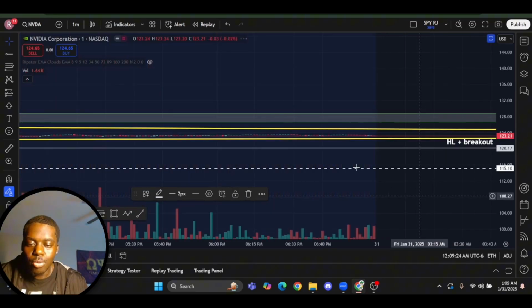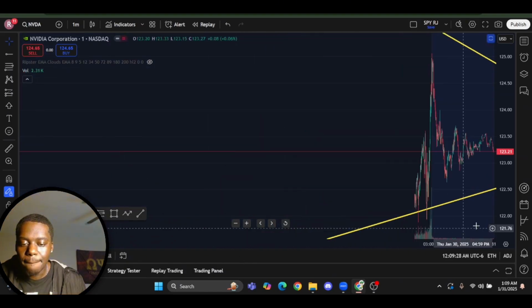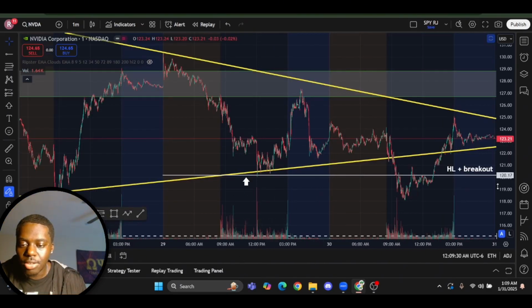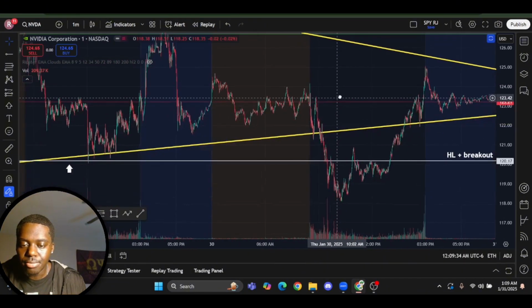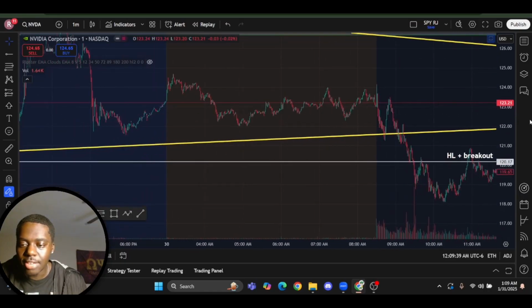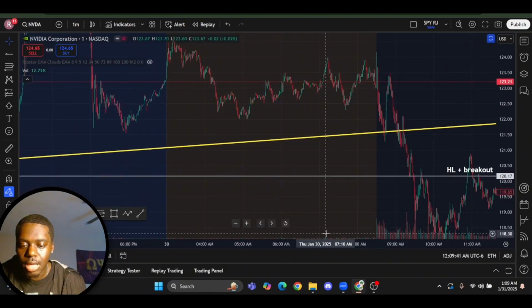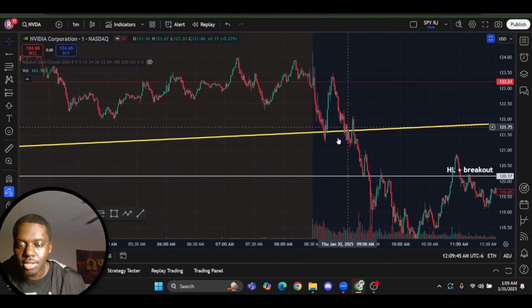So when we come intraday, you come intraday here, you can see that Nvidia got some downward momentum. Now, I also noticed that this trend line was actually a place of retest as well, okay?